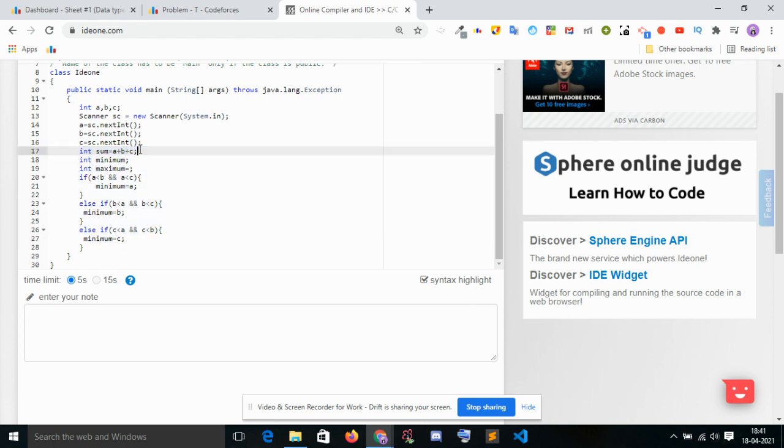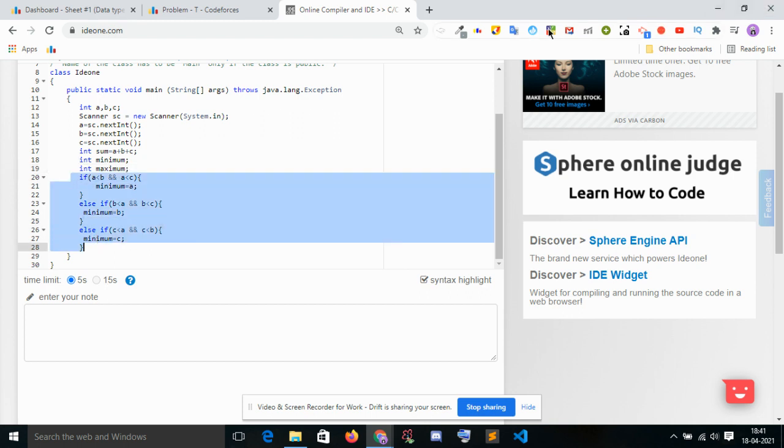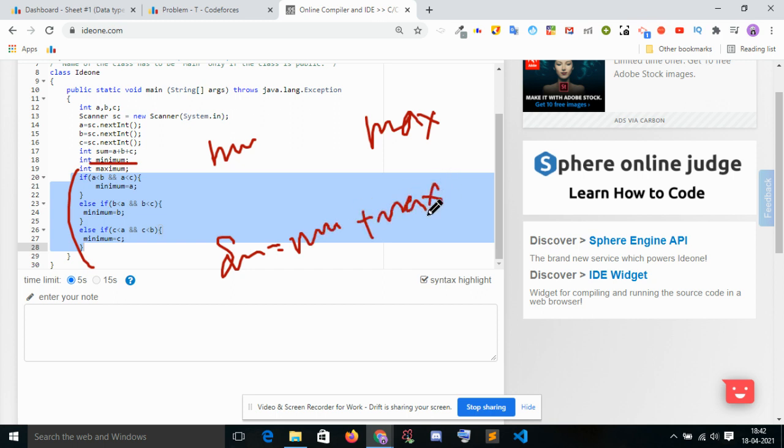Why am I using some variables? I will tell you. From this I found the minimum value, and doing the similar thing I can find the max value. And the sum is definitely sum equal to min plus max plus the middle.